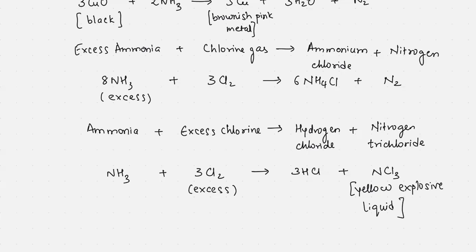While when excess chlorine reacts with ammonia gas, the products formed are hydrogen chloride and nitrogen trichloride. Nitrogen trichloride is a yellow explosive liquid. Now, in both these reactions, ammonia is reducing chlorine and is itself undergoing oxidation.